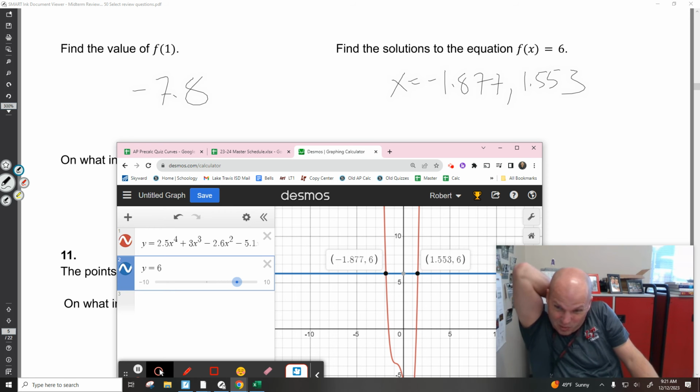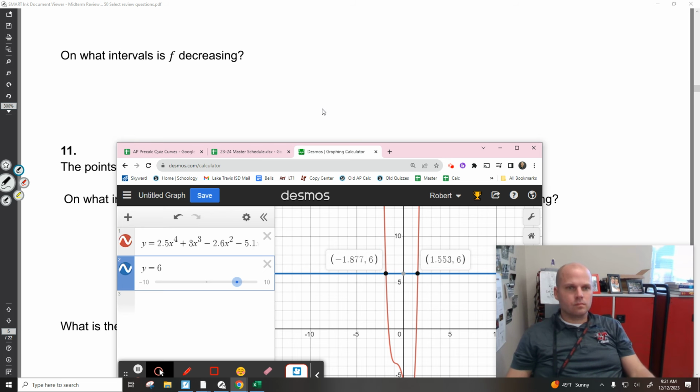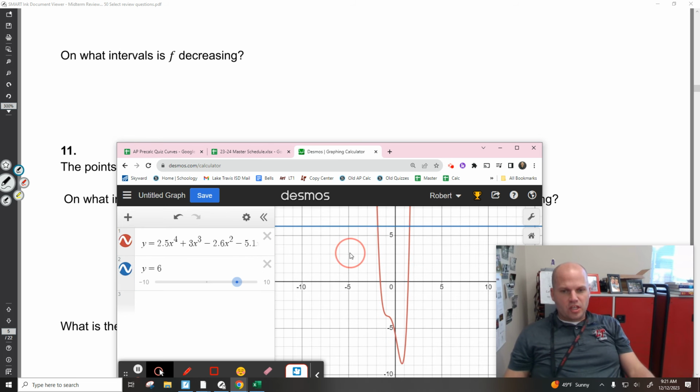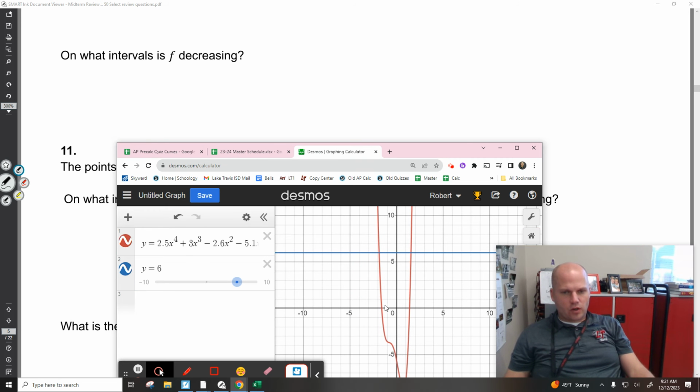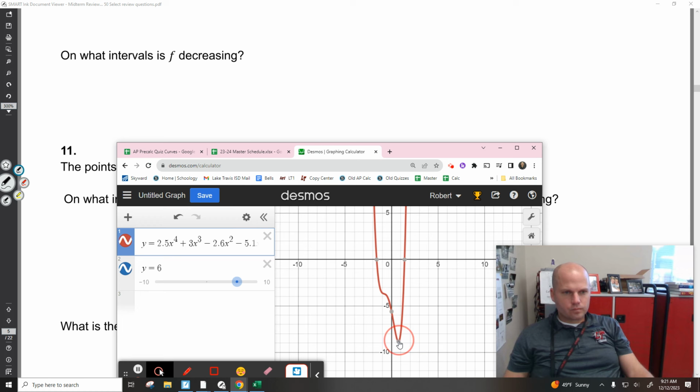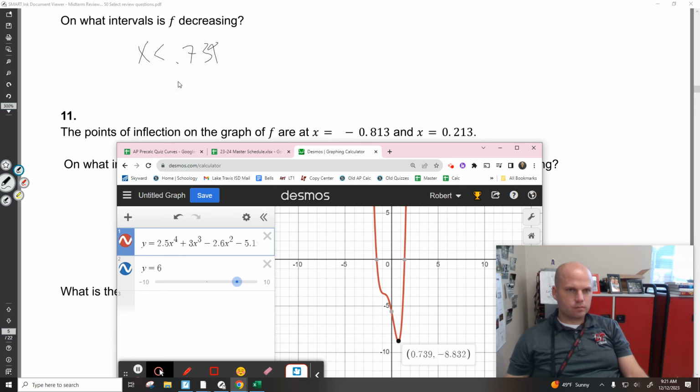Your goal is to do this with a calculator. Was the function decreasing? It looks like we're decreasing for all x's until 0.739. So when x is less than 0.739, we are going down.